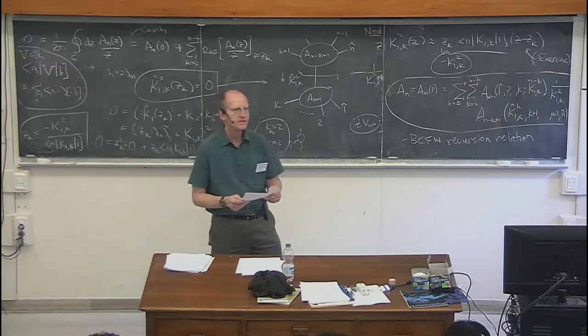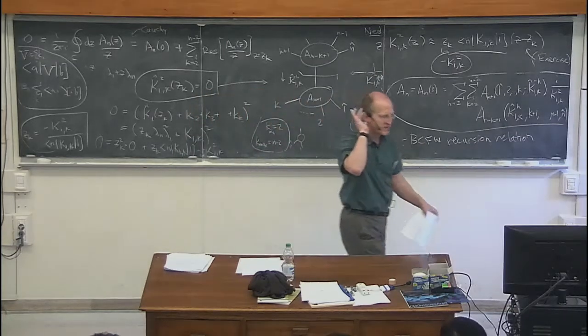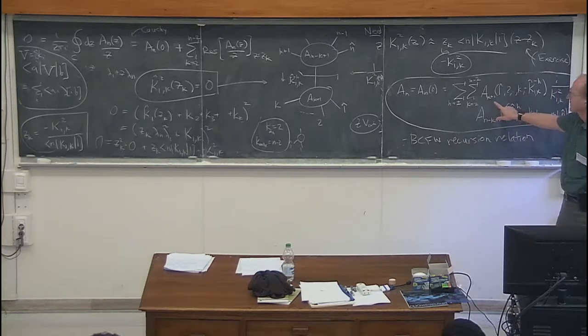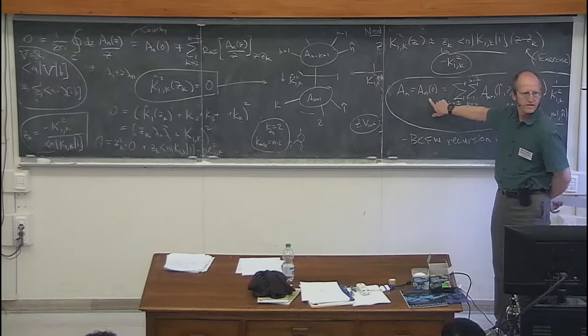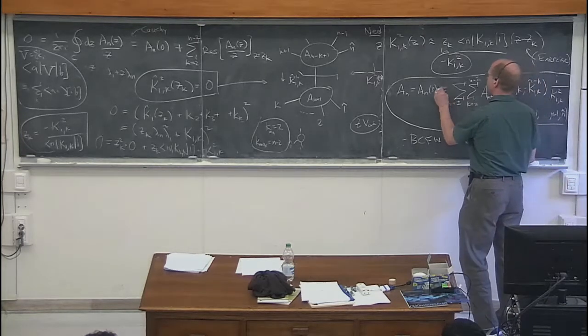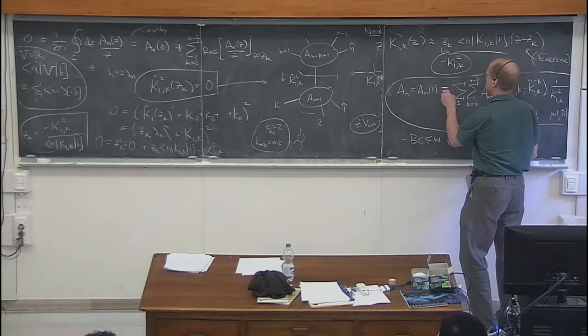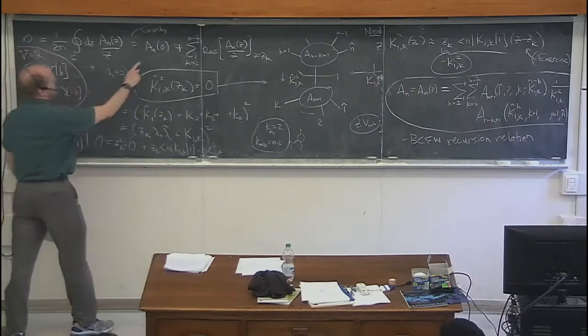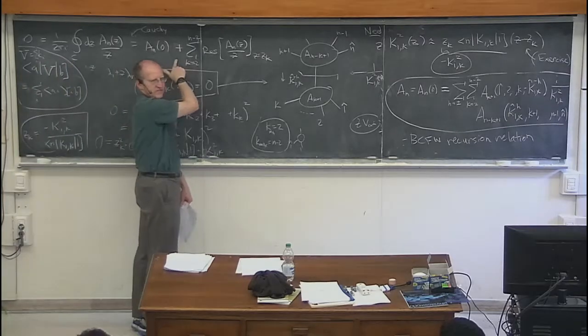Sorry, could you say that again? Did I make a mistake here? No, now it's equal. So 0 is equal to this plus this.